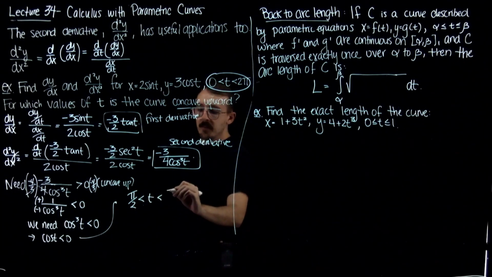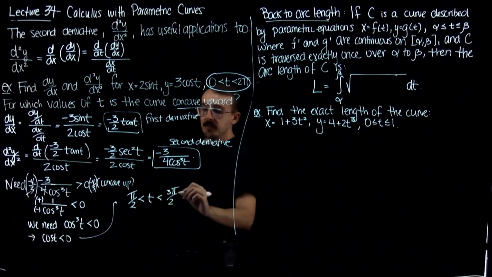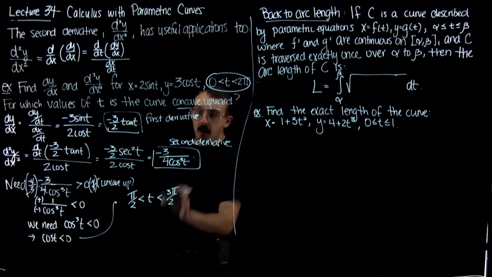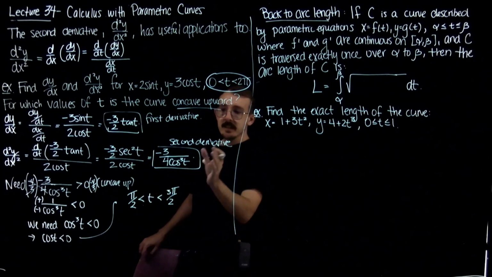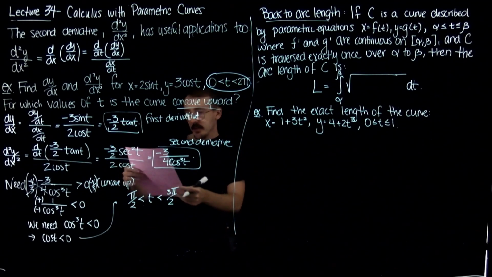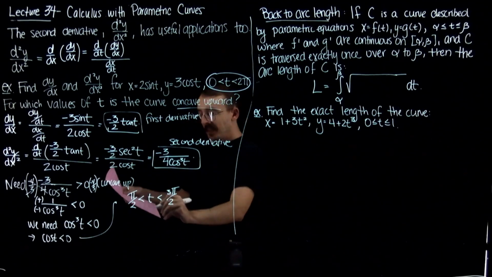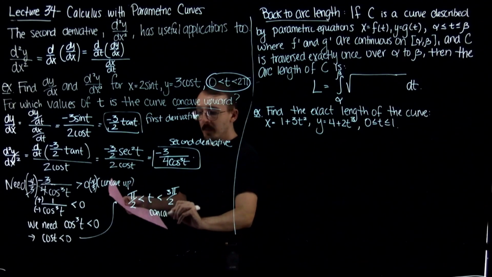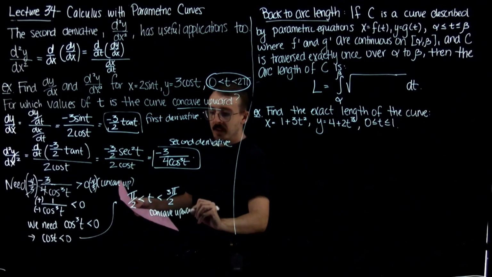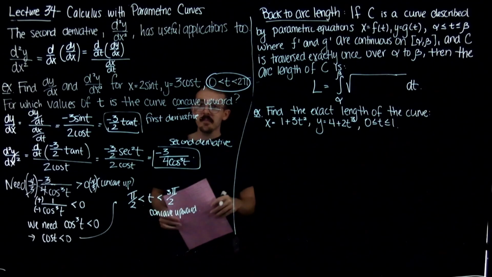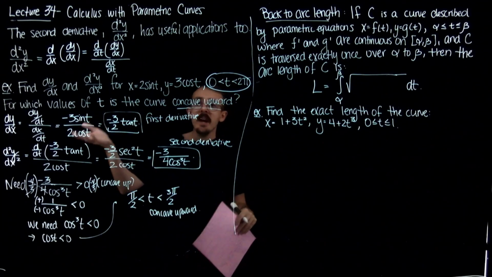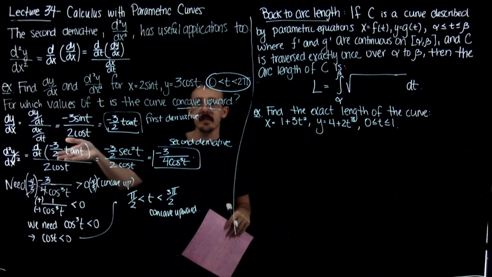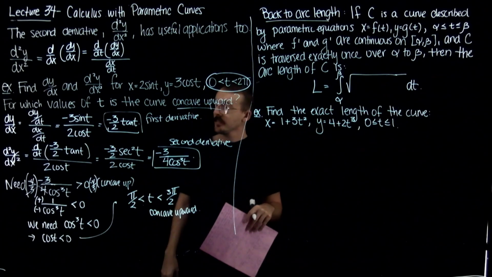So we need to go from pi over 2 all the way to 3 pi over 2, because that's the second and the third quadrant. So for this interval, we will be concave upward. Okay, so there's an example of finding the first derivative, and you use that to then build up the second derivative for a parametric curve.